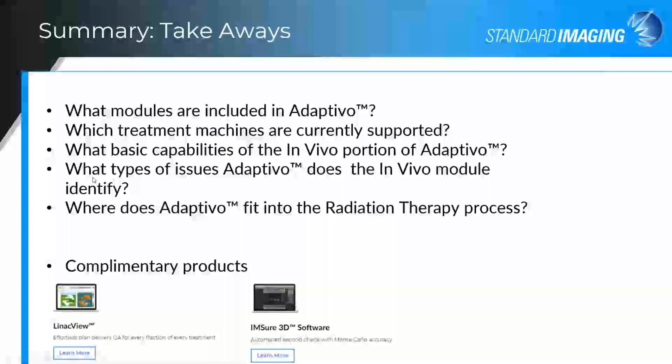And that gets to the types of issues that Adaptivo can detect. So those things around weight loss, weight gain, volume changes, alignment issues, potentially bolus, no bolus type of thing. That is where it's going to be very helpful.